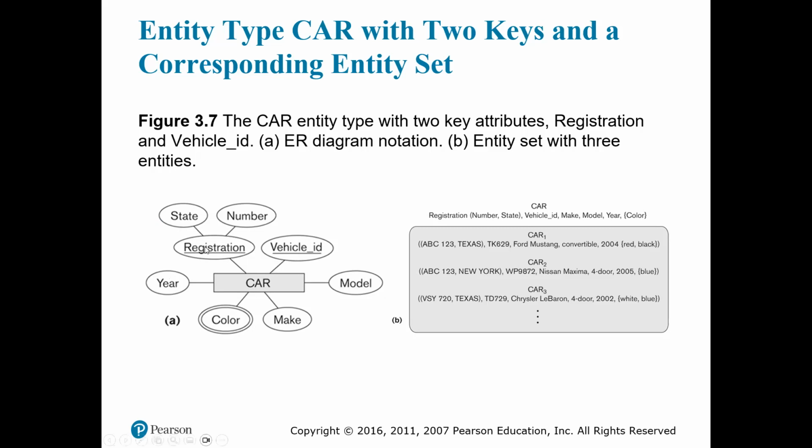But the registration, otherwise known as the license plate, is going to have the state and the number. You can put those in the same column, but it's safer to break those out. These are some good examples of how you would model a car entity. Car is in a rectangle. Car is an entity. Things in ovals are attributes of that entity.